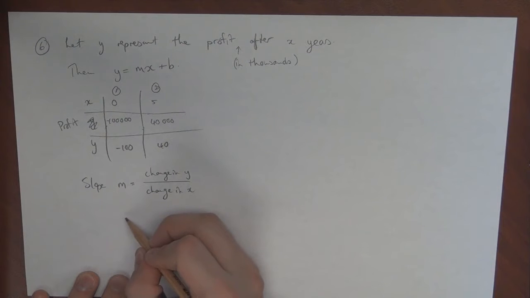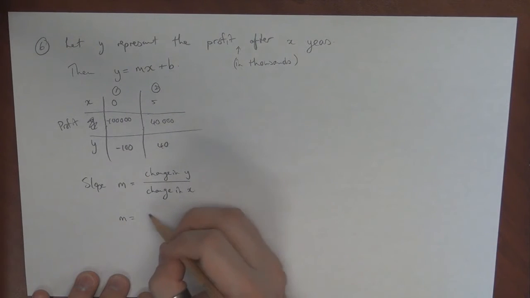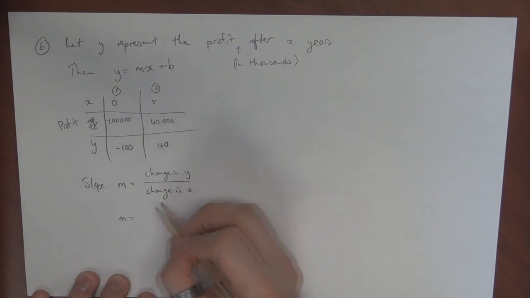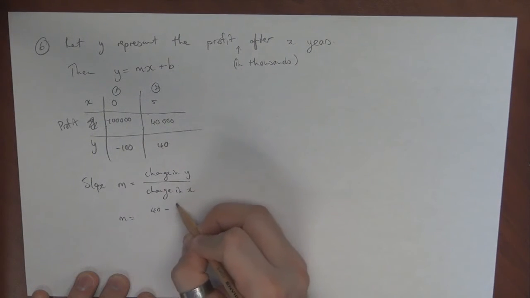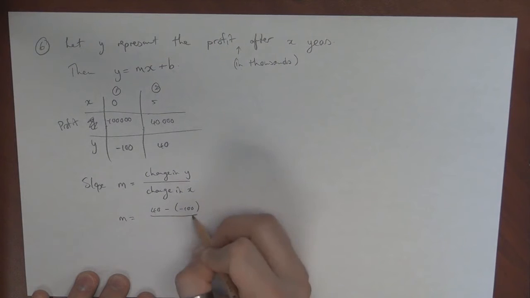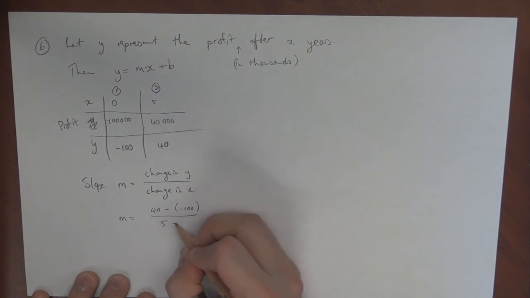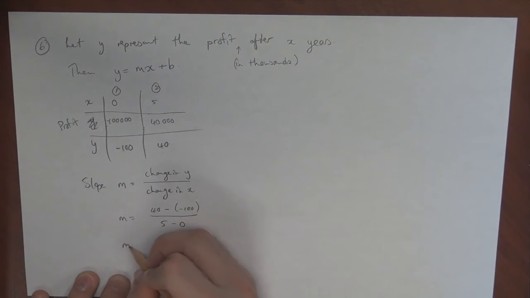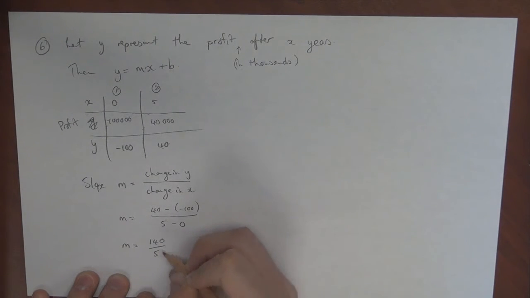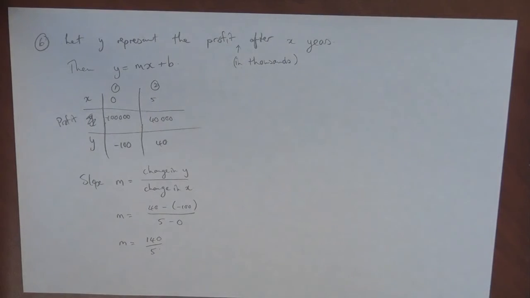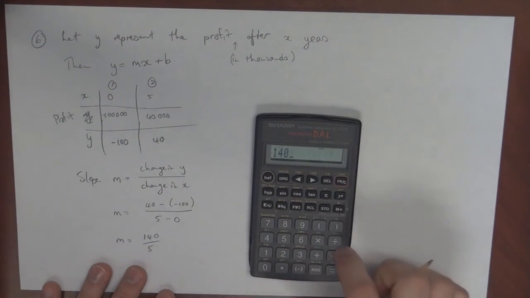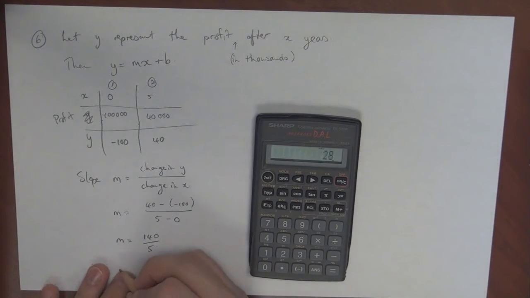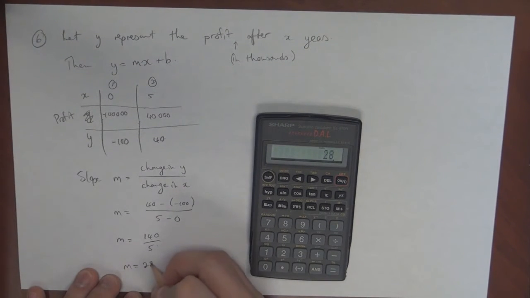Now we can say m, for the slope, is change in y, so it's 2 minus 1, 40 minus negative 100, over corresponding change in x, which is 5 minus 0, so I get 140 over 5. We can see if that simplifies. You can do it in your head, or the calculator is perfectly fine, and I get m equals 28.